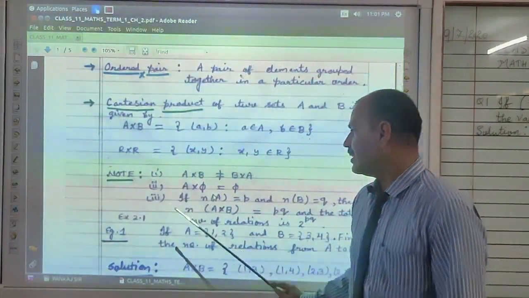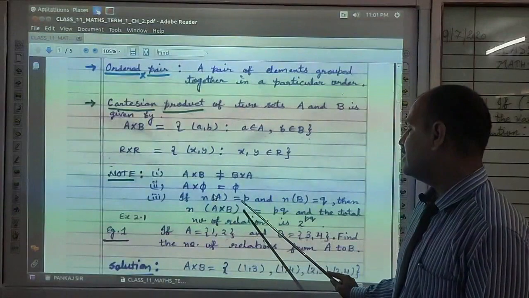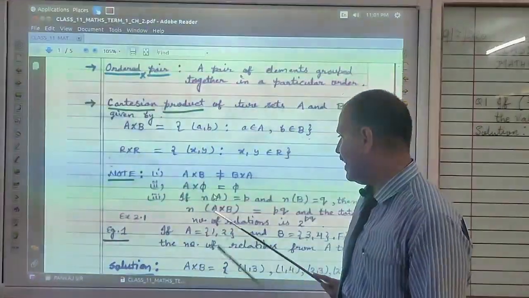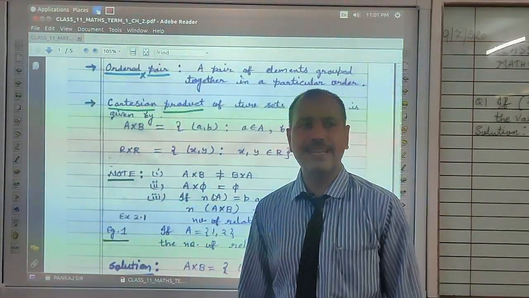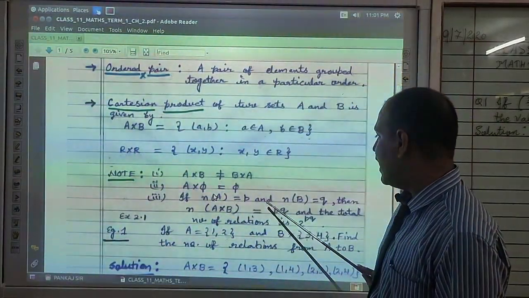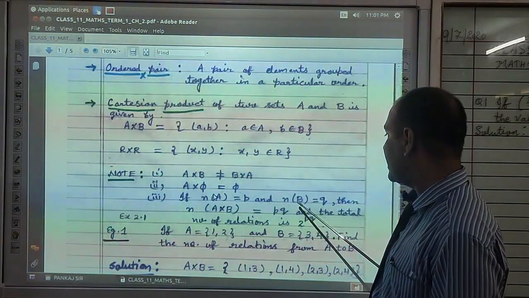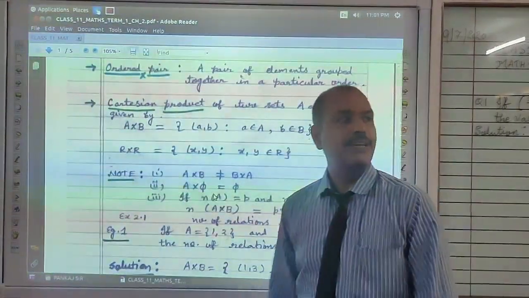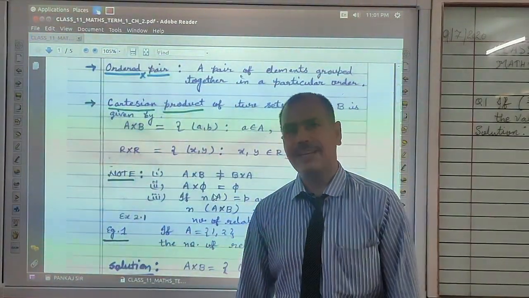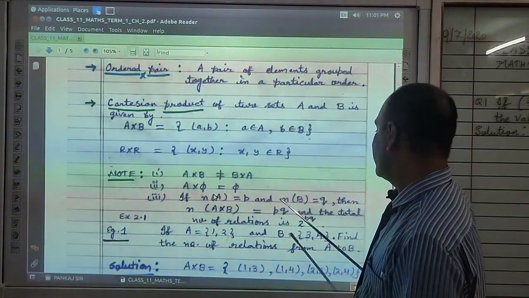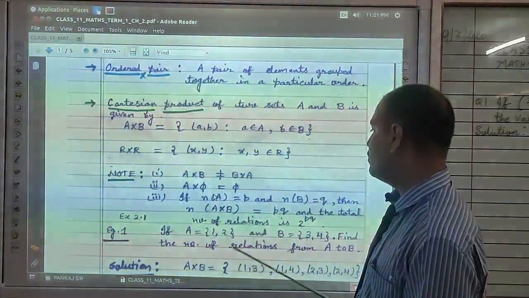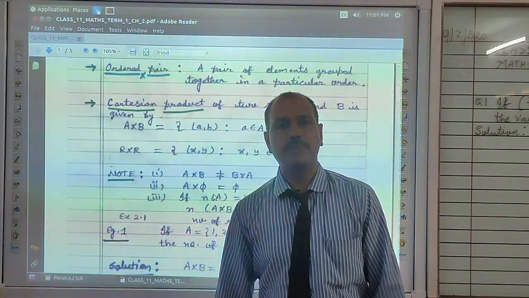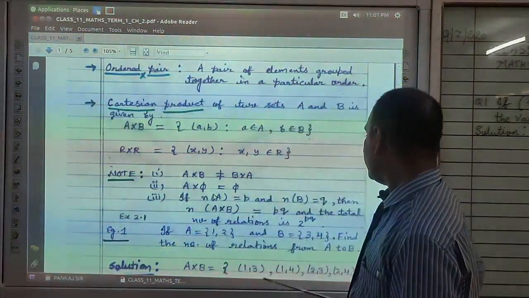Third one, if n(A) is equal to p, meaning the number of elements in set A is equal to p, and the number of elements in set B is equal to q, n(B) is equal to q, then n(A cross B) is equal to pq, that is, p multiplied by q.